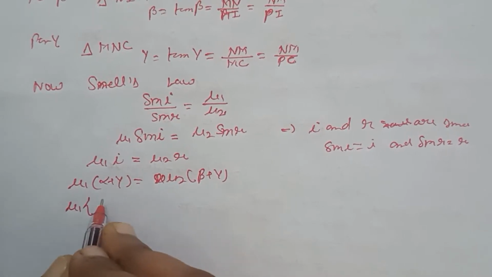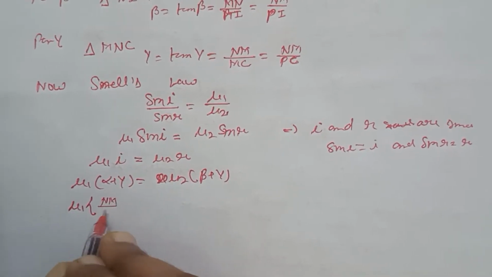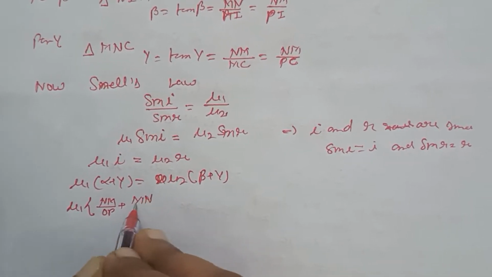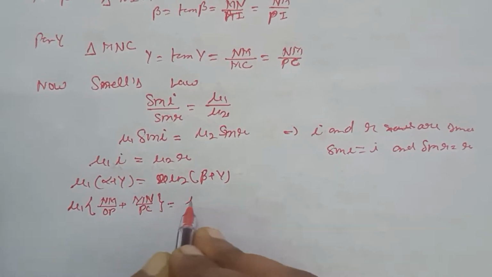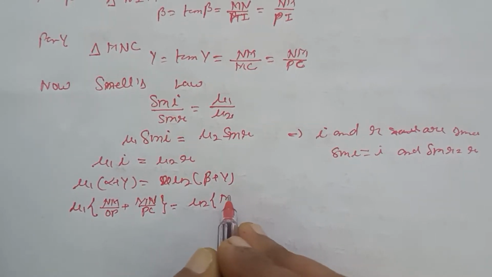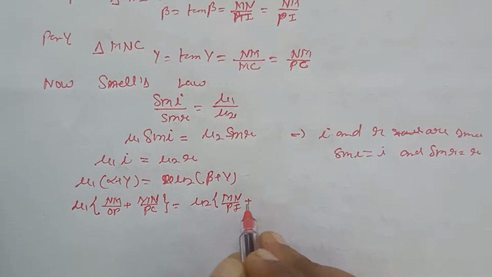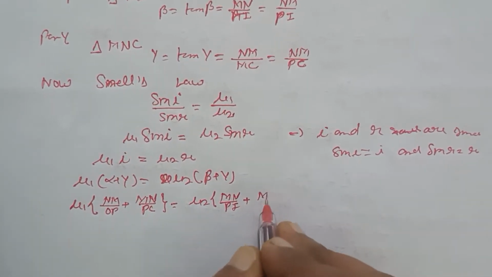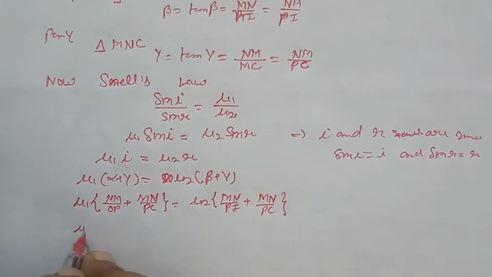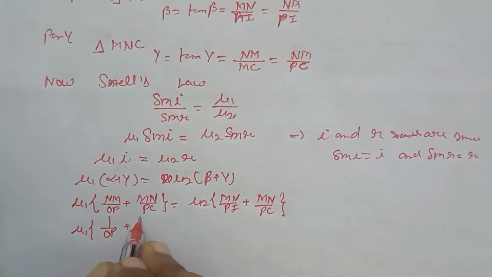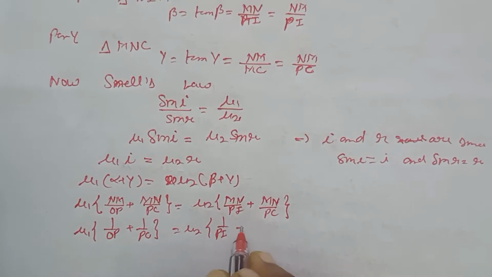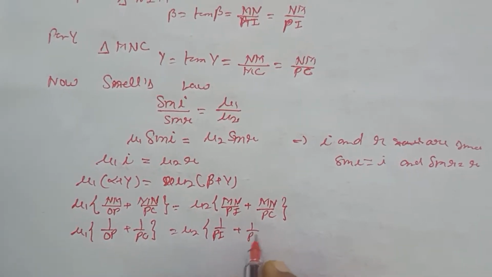Put the value of mu1 and mu2. The value of alpha is NM divided by OP. The value of gamma is NM divided by PC. For mu2, the value of beta is MN divided by PI, and the value of gamma is MN divided by PC. It can be written as mu1 (1 divided by OP plus 1 divided by PC) equals mu2 (1 divided by PI plus 1 divided by PC).